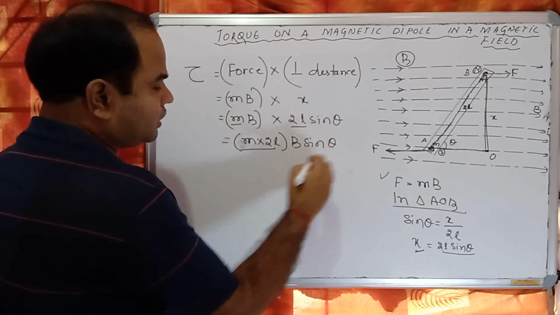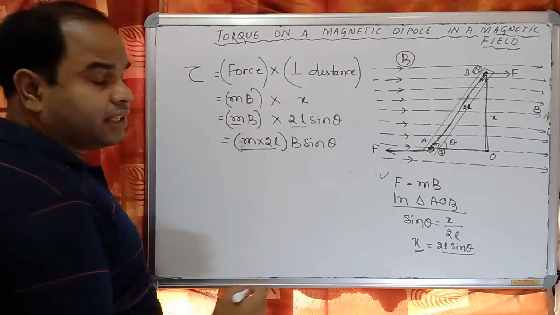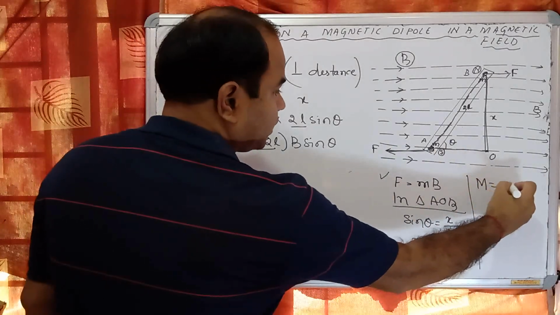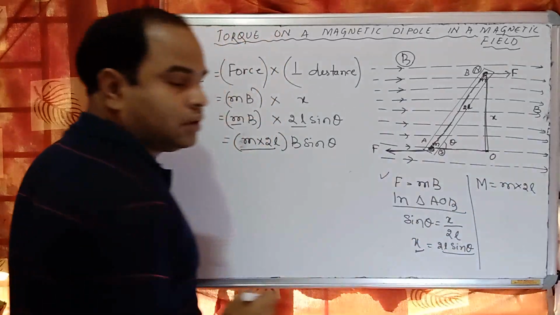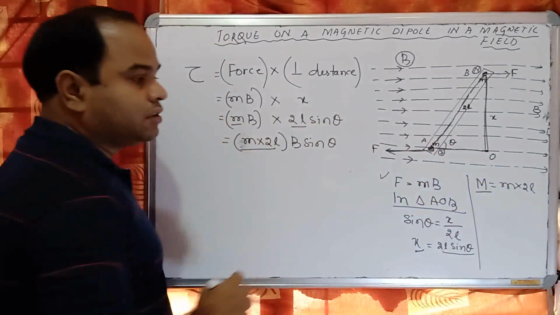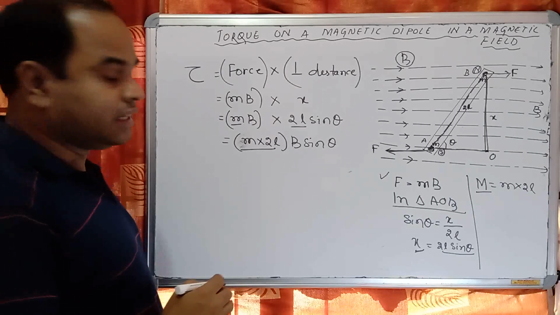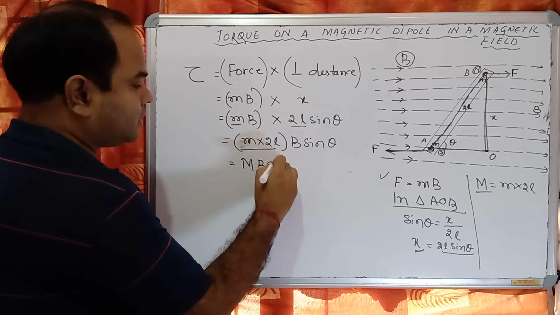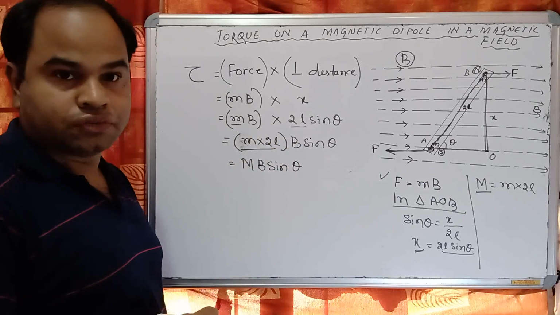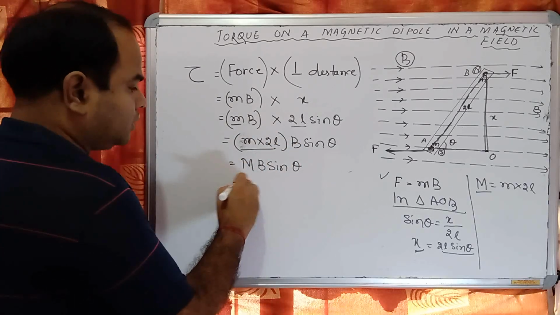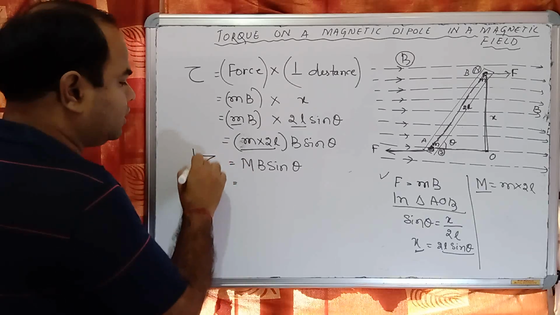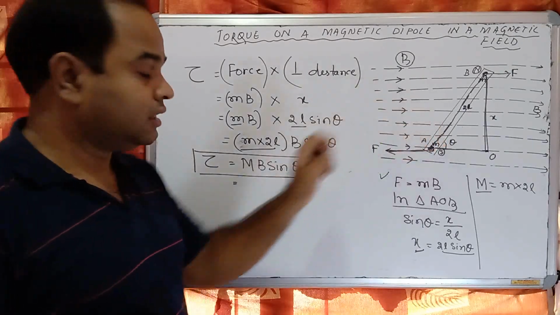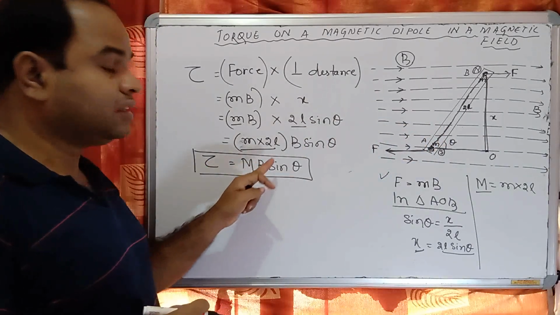M into 2L is the magnetic dipole moment. Magnetic dipole moment is equal to pole strength into magnetic length. So it is M B sin theta. That is, the torque acting on this bar magnet is tau equal to MB sin theta.